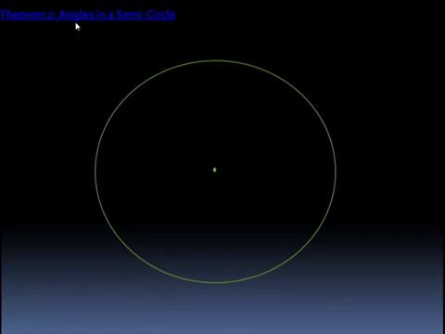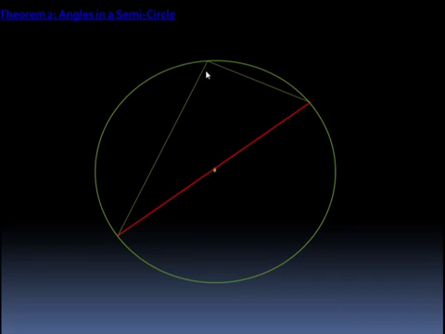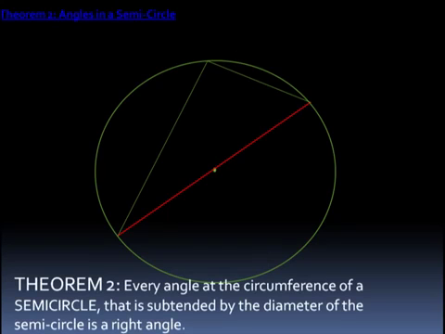Circle theorem 2. Angles in a semicircle. Okay, so a diameter cuts a circle in two halves, a semicircle on top, a semicircle below. And so the angle that is standing on the diameter, or we can say the angle that is in the semicircle, must be what? 90 degrees.